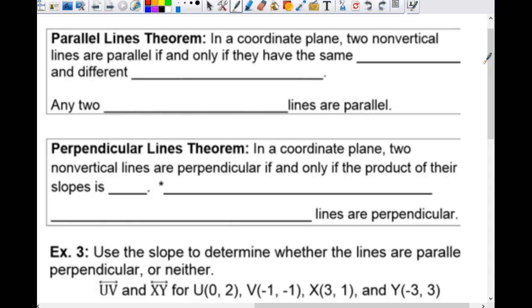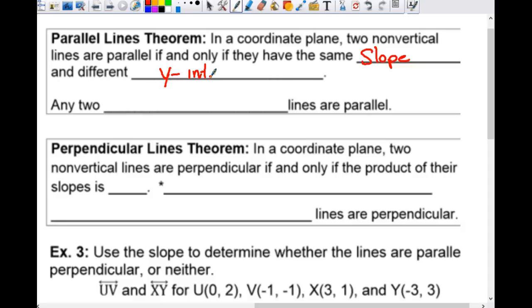No, lines do not have a vertex. Same slope. But different what? Lines don't have angles. Y-intercepts. Good job.